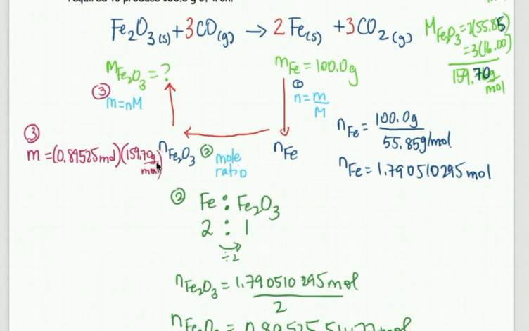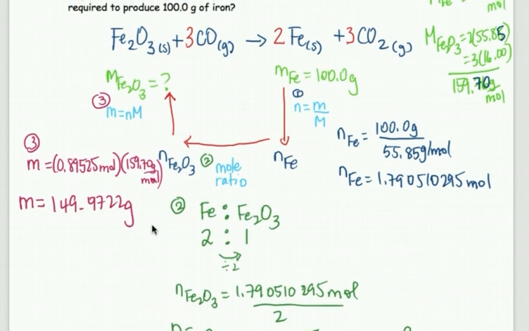Then calculate that out, and I'll get 149.9722 grams of iron 3 oxide.